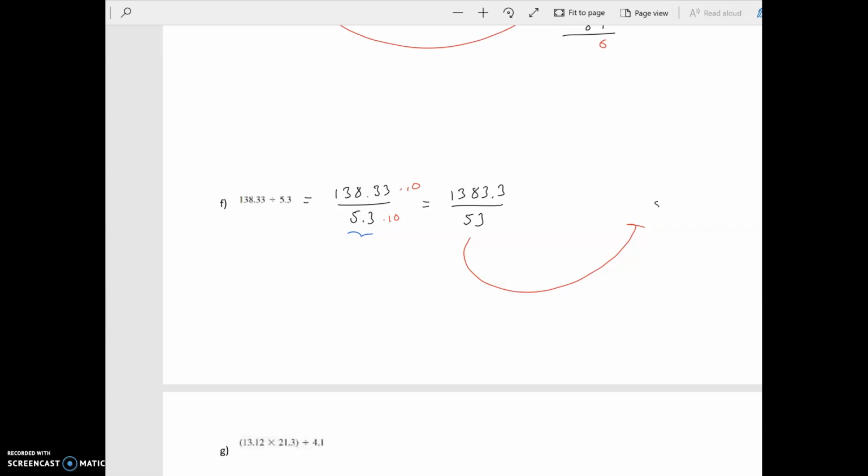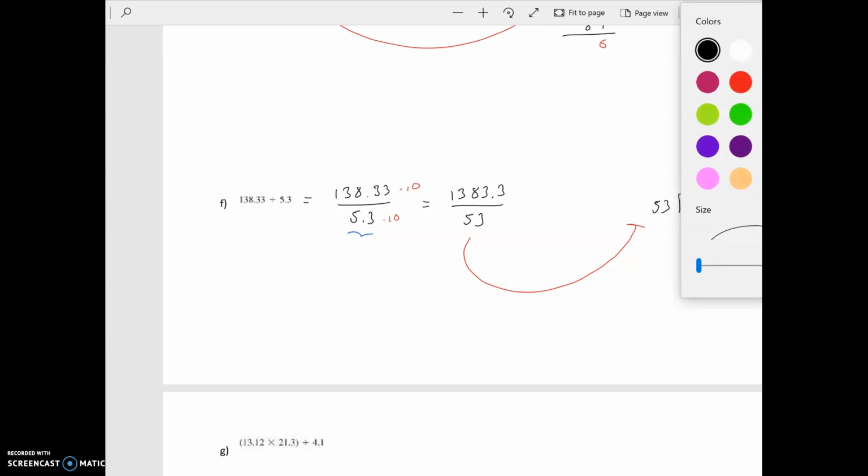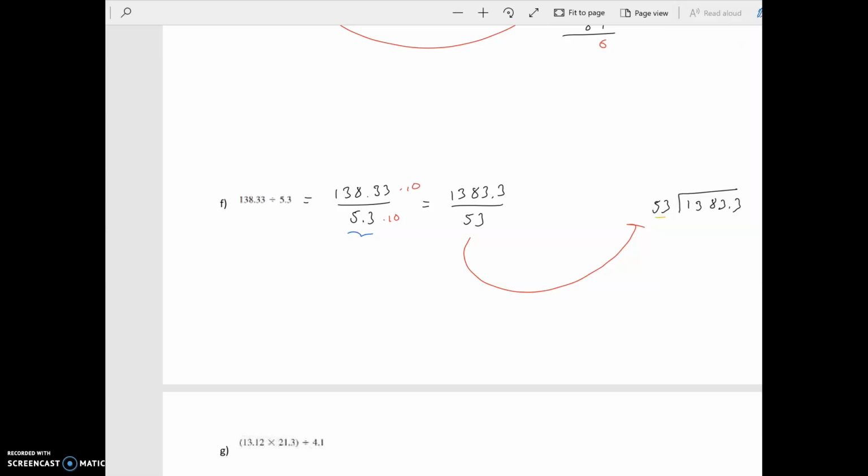In this case, we're going to end up with the 53 and then 1,383.3. Whoops. As we carry the actual division, 53 fits into 138 a total of 2 times.